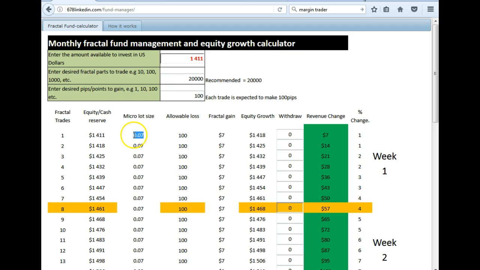So I will invest this 0.07 dollars, not cents, into the market to return 100 pip. When it returns 100 pip, my gain will be $7. Similarly, if I make a loss, my loss will be $7.